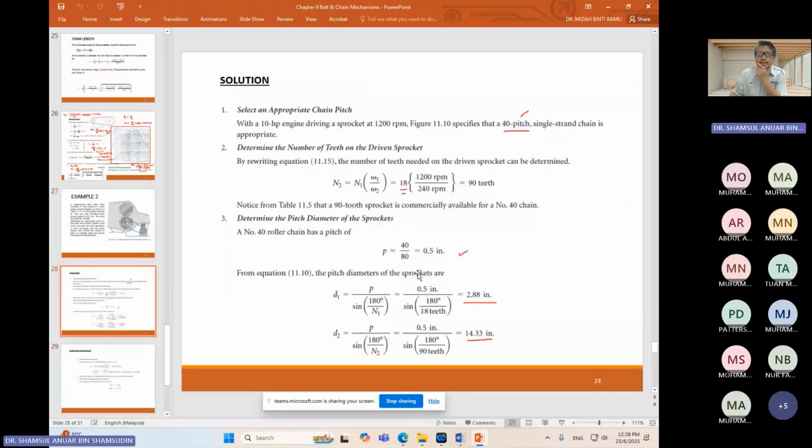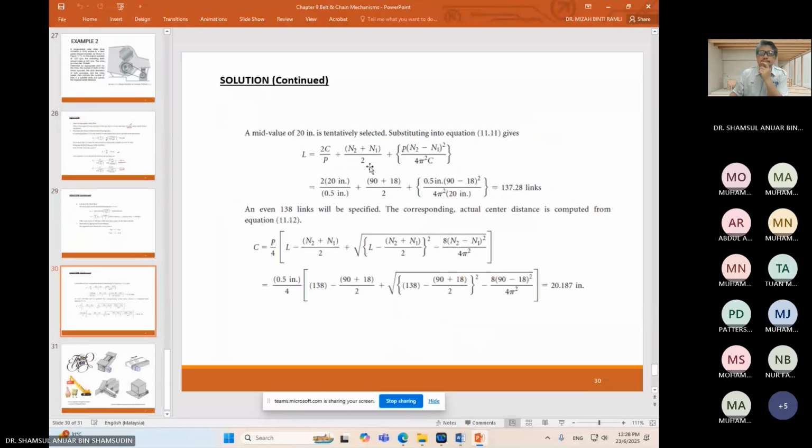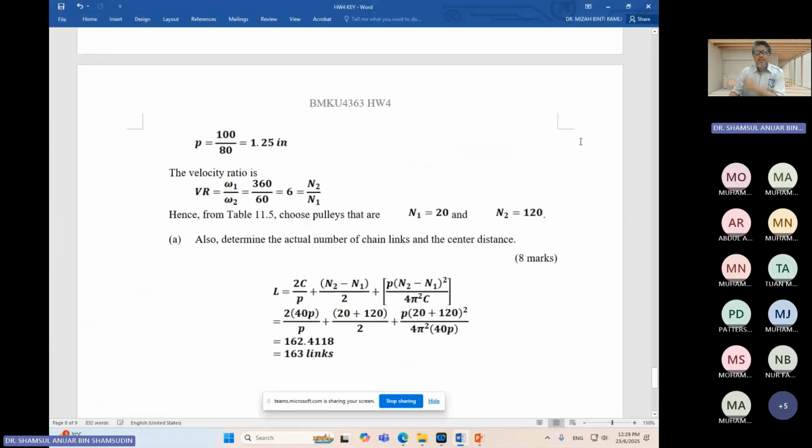Wait, look here. You have to substitute the value of P, but the answer is in links. So you must substitute P equals 1.25 here, then your answer will be in terms of links, and links must be integer.